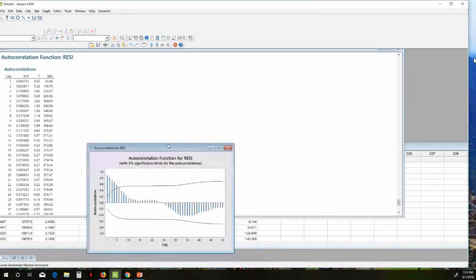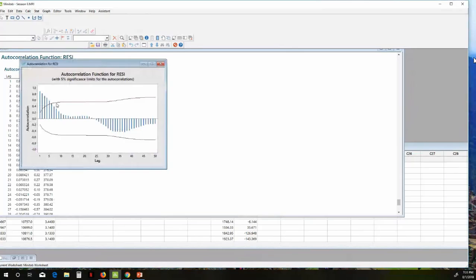Do you guys see the cycle in this? I don't think we've got too much in terms of seasonality, but I think we do have a lot of cycle. You see it? So that's why the Durbin-Watson statistic is so low.